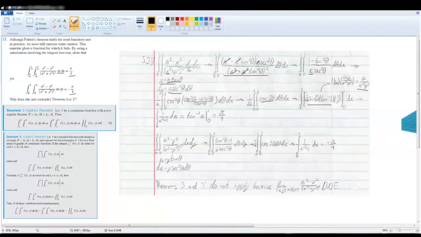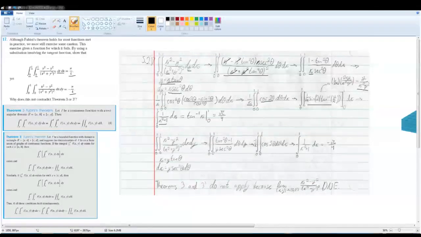Plugging in 1 for y and then 0 for y and solving, I'm sorry, I simplified first, which is 1 over x squared plus 1. Then I plugged in. And so it's arctan of 1, which is pi over 4, minus arctan of 0, which is just 0.